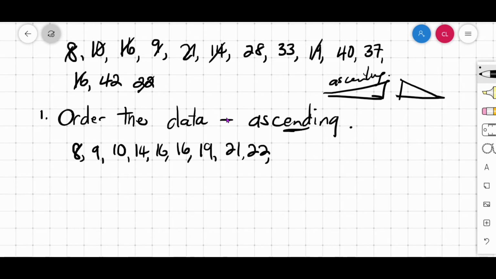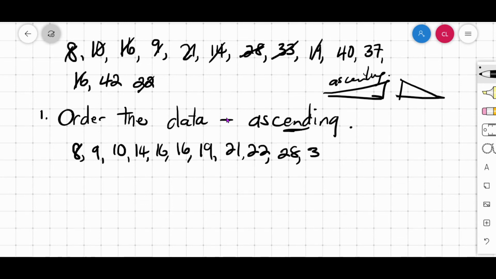22, 23. Let's go with 23, 24, 25, 26, 27, 28. Let's go with 28, 28, 29, 30, 31, 32, 33.